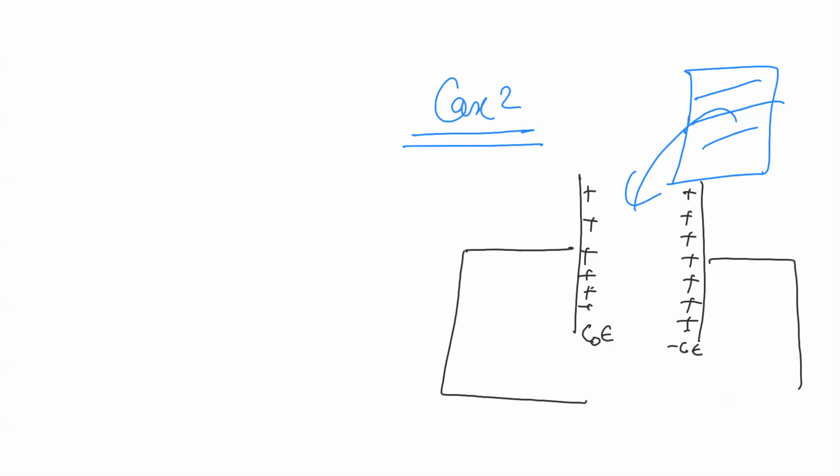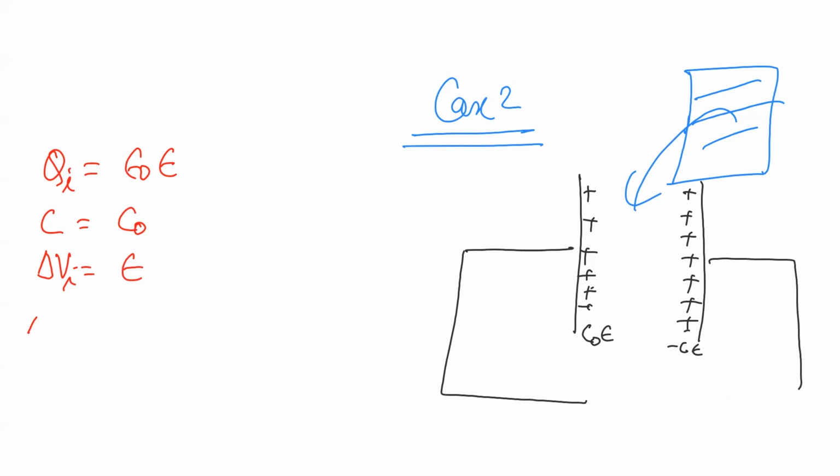Now what will happen? So in this case, let's see both the things, right? Initial, what is the initial Q? Qi is C naught into E, right? Capacitance is C naught initially. Voltage delta V initially will be equal to E, right?